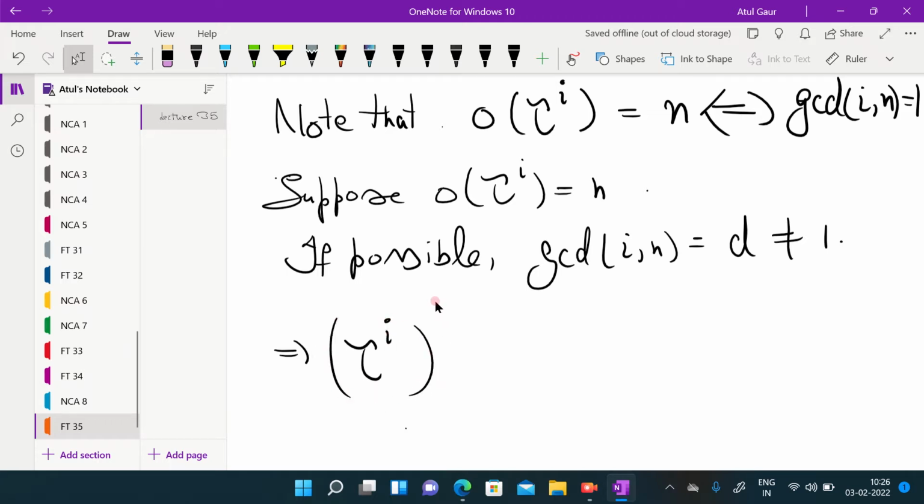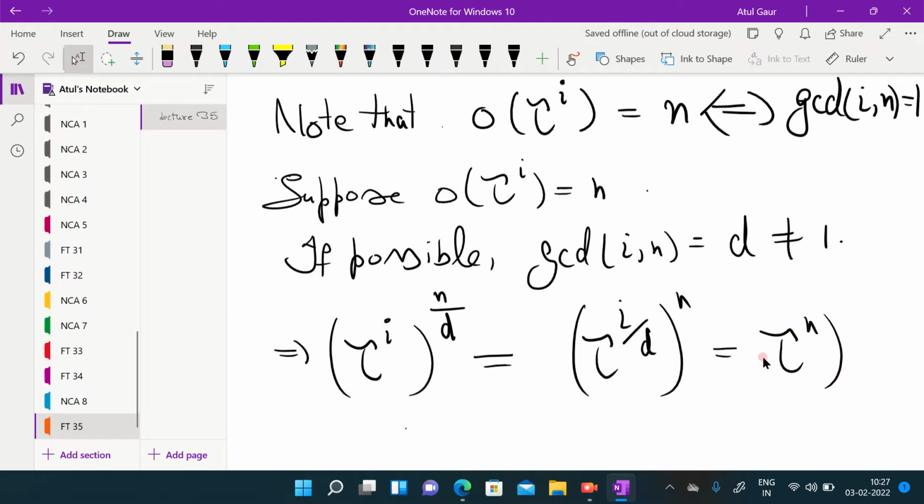Tau power i, you can raise to the power n by d. n by d is a natural number because d divides n. Right? d is the GCD, so d divides n. So you can write this as tau power i to the n by d, and this is the same as tau power n to the i by d, and this is 1.